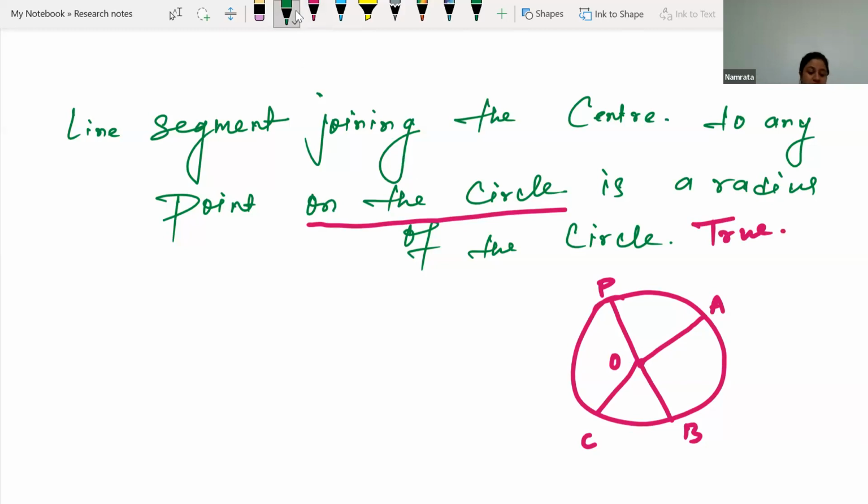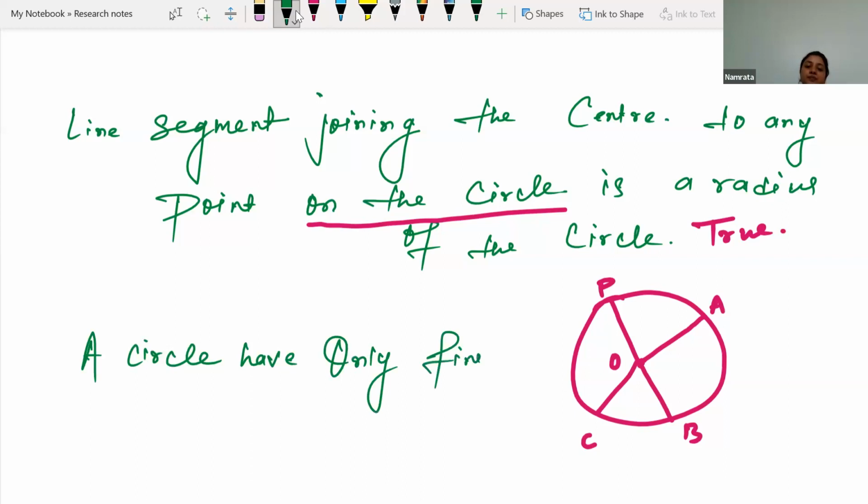Next statement says a circle has only a finite number of equal chords. Whenever we are talking about a circle, we can draw as many chords as possible, infinitely many chords.